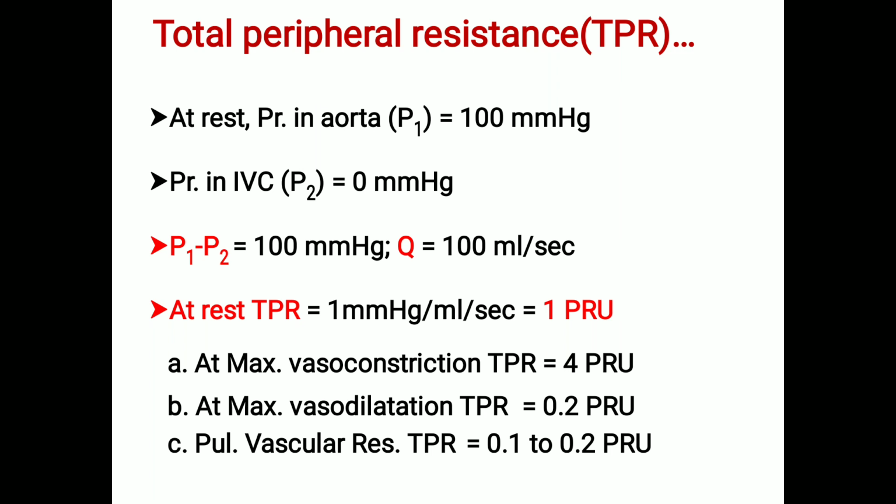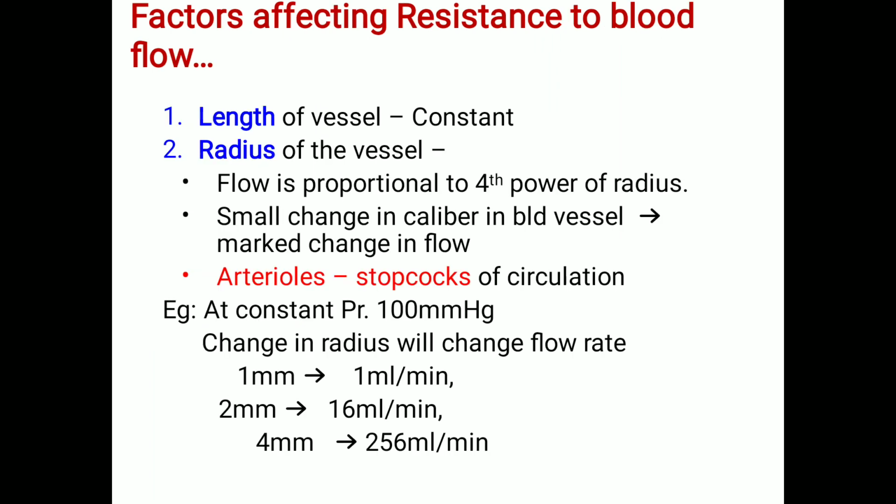At maximum vasodilation, it decreases, reducing to 0.2, whereas for pulmonary vascular resistance it is 0.1 to 0.2 PRU. Various factors influence this total peripheral resistance.